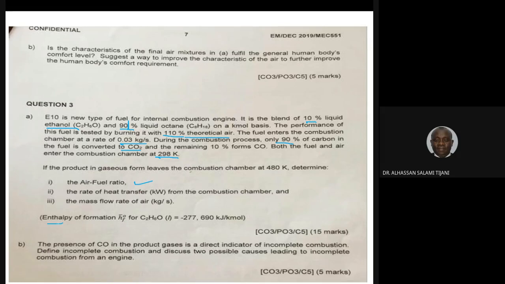We are told that the enthalpy of formation for the ethanol is given to be minus 277,690 kilojoules per kilomole. We're going to make use of this particular value.